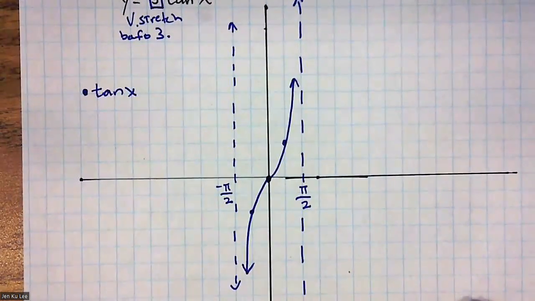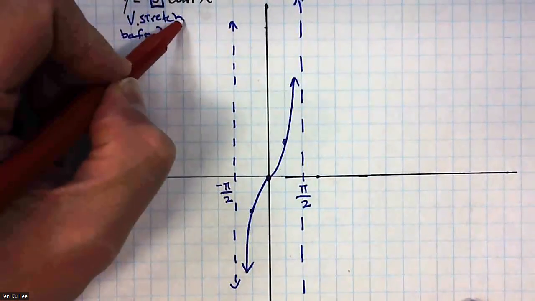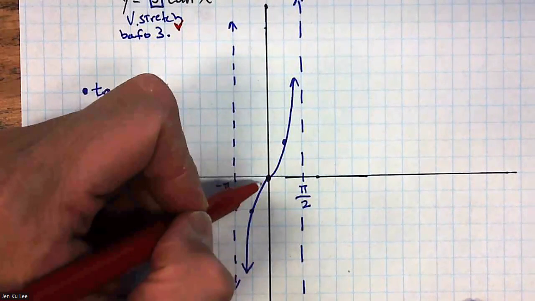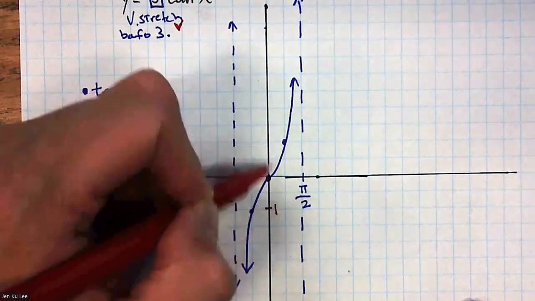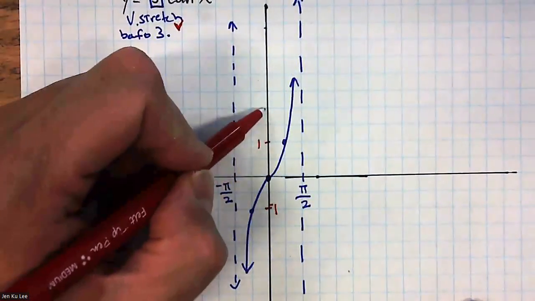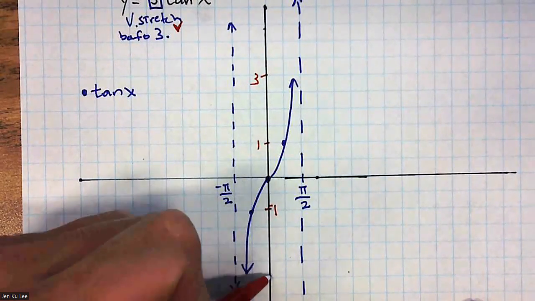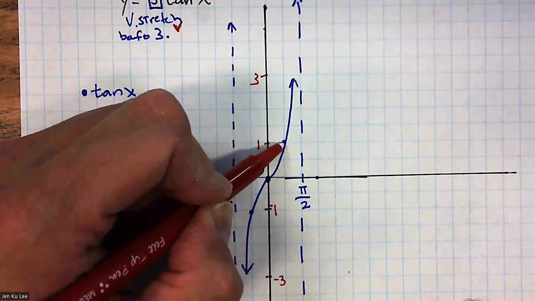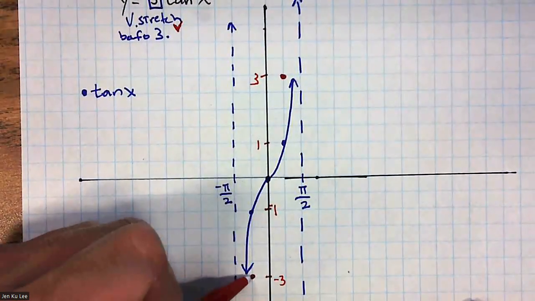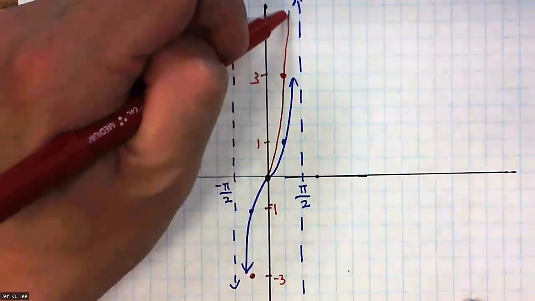You guys see how I did that? So for the vertical stretch by a factor of 3, all I'm going to do is multiply -1 and +1 by 3. So 1, 2, 3. This point jumps to here. This point jumps down here. The 0 stays the same. So it's vertically stretched.